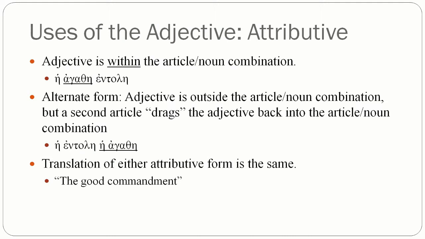So if you have article, noun, an identical article with an adjective, this is still considered an attributive adjective. Even though the adjective is not in between the article and the noun, that second article still makes it attributive. Again, just think of that second article as dragging that adjective into the article-noun combination.